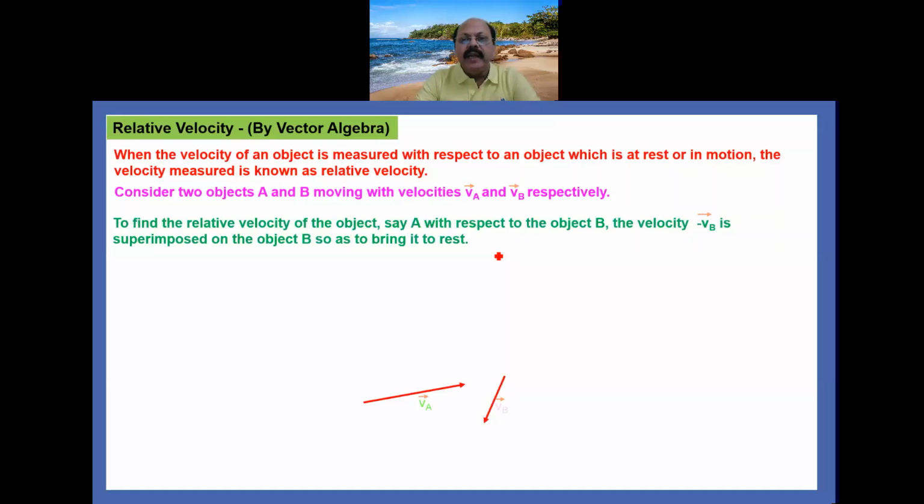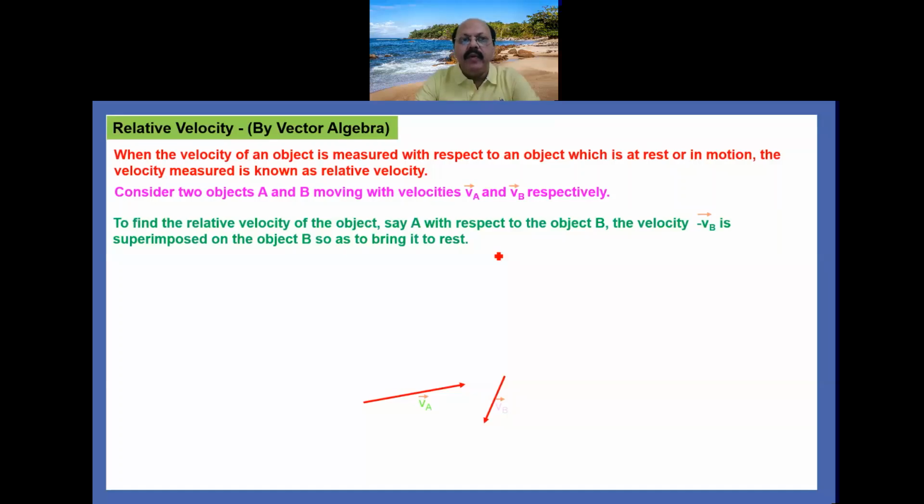Now to find the relative velocity of object A with respect to object B, the velocity minus VB vector is superimposed on the object B so as to bring it to rest.